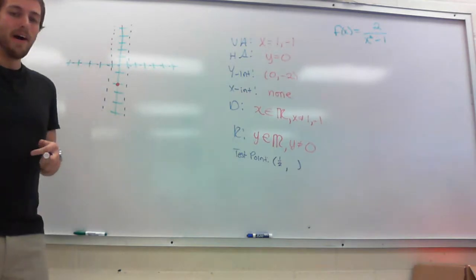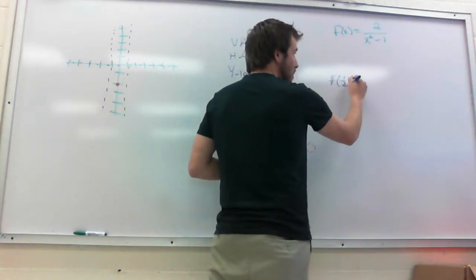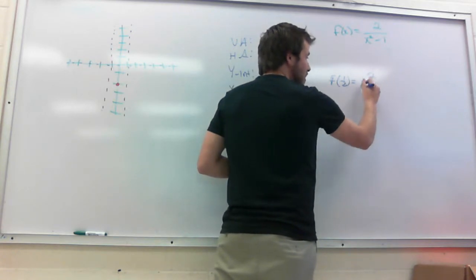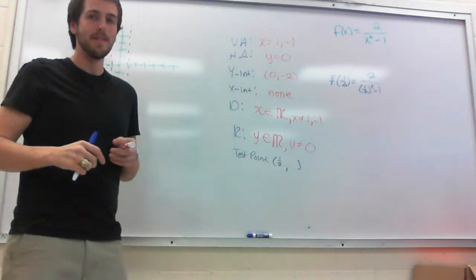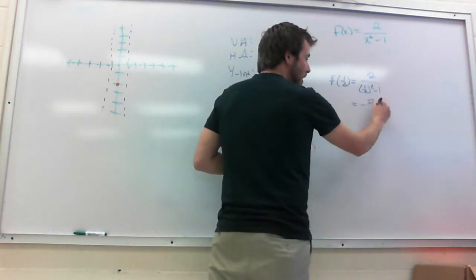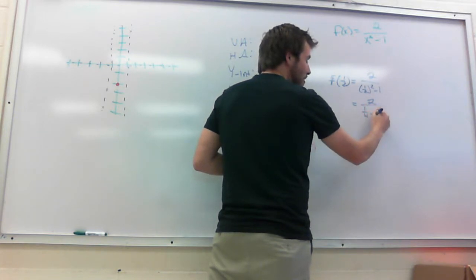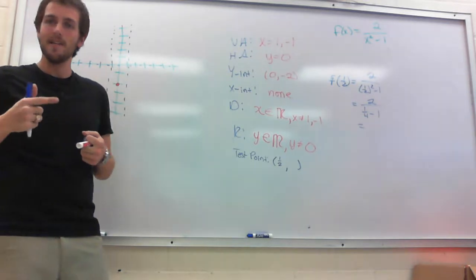And so I'm going to find whatever f of 1/2 is equal to. Substituting a 1/2 into my function, I'm left with this, and now I just need to simplify. Simplifying, I'm left in the denominator with 1/4 minus 1. 1/4 minus 1 is the fraction negative 3/4.